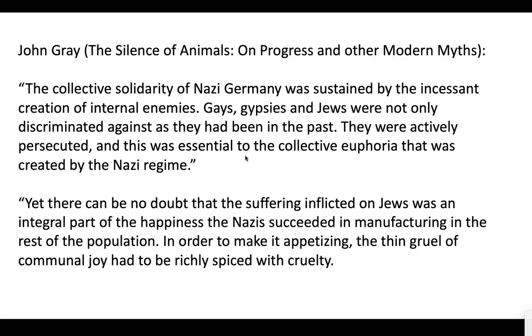As he says, yet there can be no doubt that the suffering inflicted on Jews was an integral part of the happiness the Nazis succeeded in manufacturing in the rest of the population. In order to make it appetizing, the thin gruel of communal joy had to be richly spiced with cruelty. John Gray has a way with words.